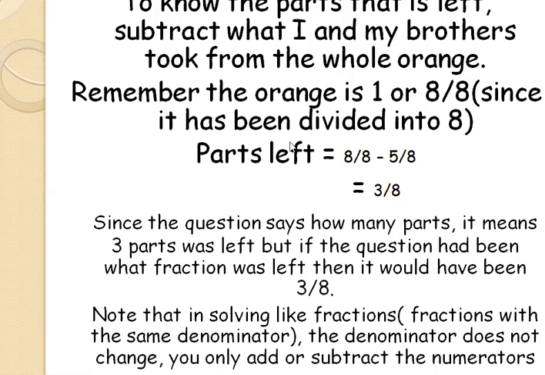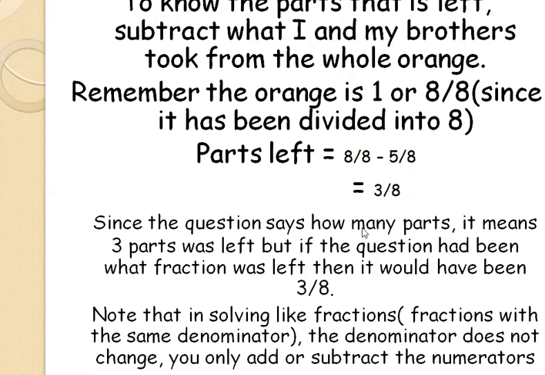So for me to know the part that is left, I'll say 8 over 8 minus 5 over 8. Don't forget your denominator remains the same. You're just going to subtract the numerators. 8 minus 5 is 3. So this is the part that is left, 3 over 8.